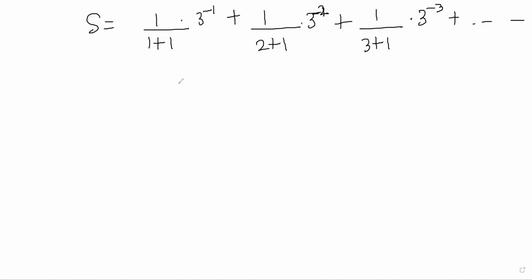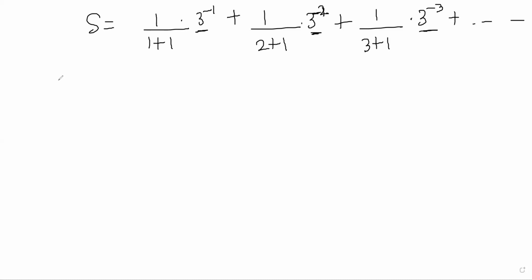So maybe the method that we usually use, which is to multiply by the common ratio and then shift, may be useful, maybe not, I don't know yet.